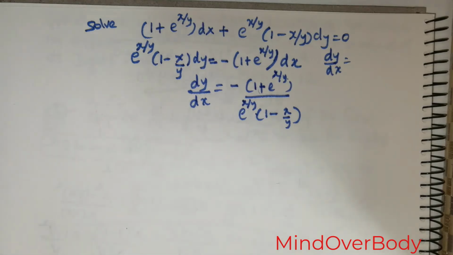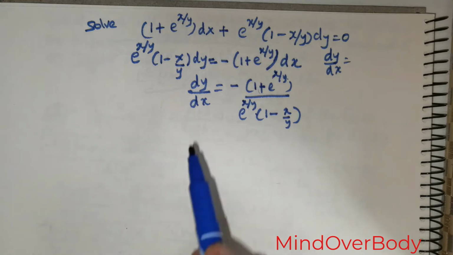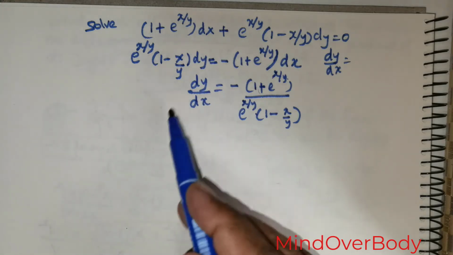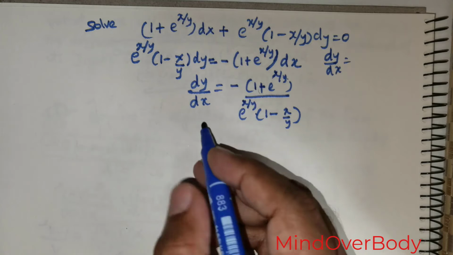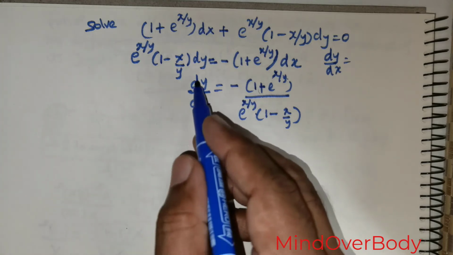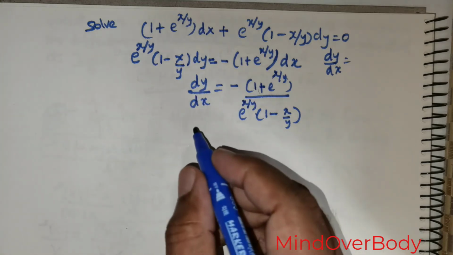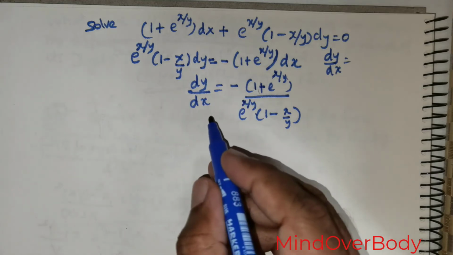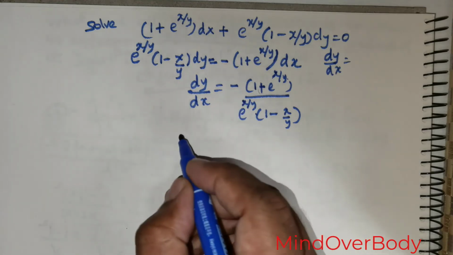Now there is a slight change you will have to apply here. Instead of substituting y is equal to vx, we will have to reform this in this fashion. Instead of taking it as dy over dx, I would like to have it as dx over dy. So the best way is rearranging.